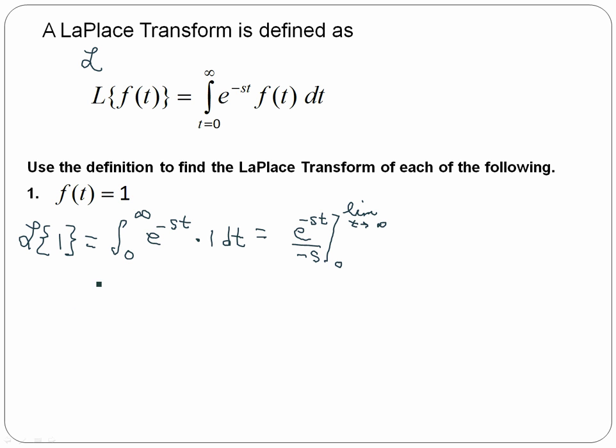And so let me break this up piece by piece. I'm going to have the limit as t goes to infinity of e to the negative st divided by negative s. That's substituting in this limit as t goes to infinity, and then minus, when I substitute 0 in for t, I'm going to get e to the negative s times 0 divided by negative s.